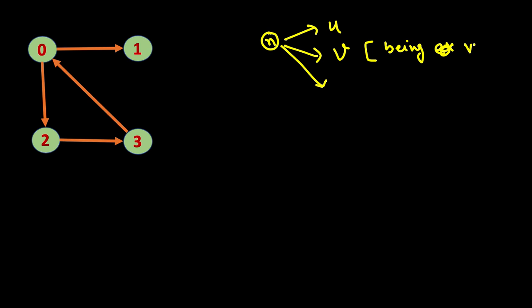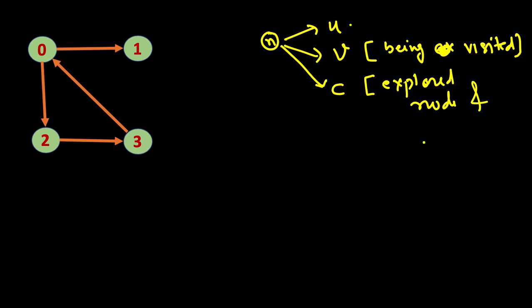Being visited, let's call it. And this is unvisited, not yet touched. And final is completed, explored node and all its neighbors and the corresponding branches also.